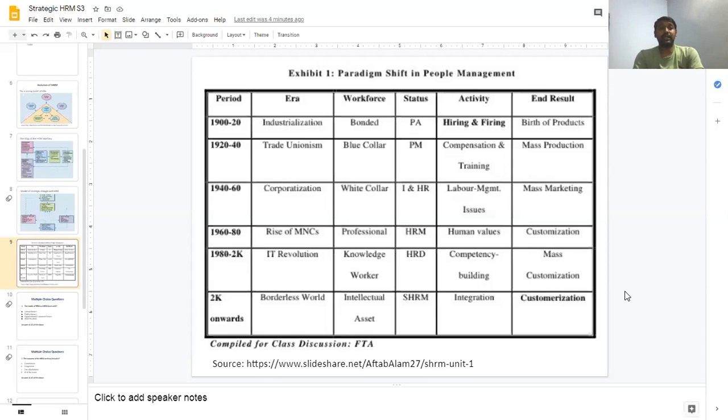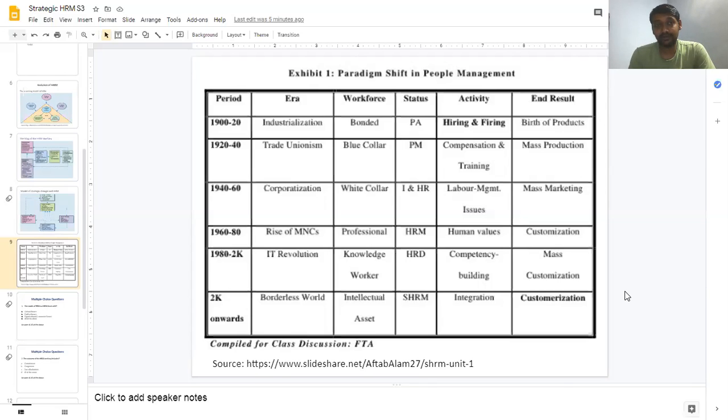Later we moved on to 1980s to 2000, where the IT revolution came up. This is known as the information technology era, where knowledge workers were given preference. If you have knowledge, come and work for us. Every company was looking for knowledge workers. If you were specialized in a certain field, you would be hired and given tasks.